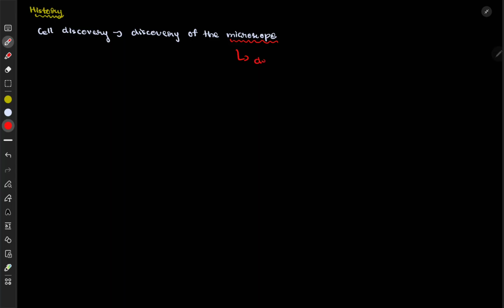A microscope is a device. Let's define it properly: a high resolution instrument used to see very small objects.